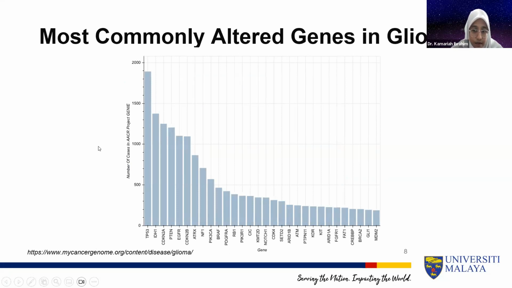PTEN is another tumor suppressor gene that is commonly mutated or deleted in GBM, of which the loss of PTEN function results in the activation of the PI3K-AKT signaling pathway, which promotes cell survival and proliferation.